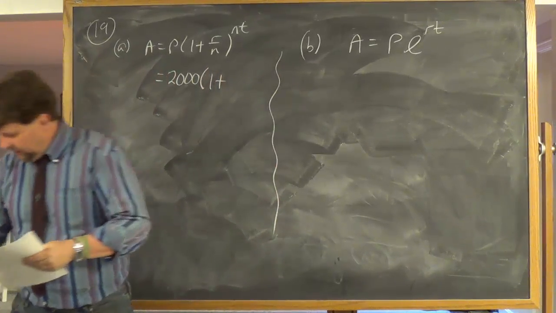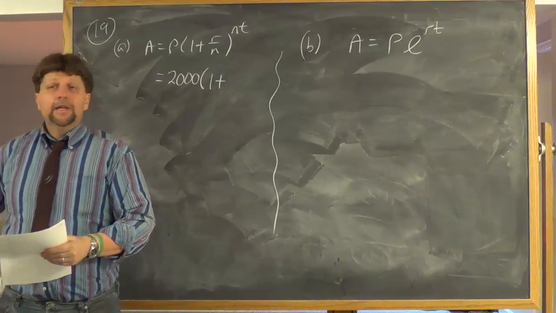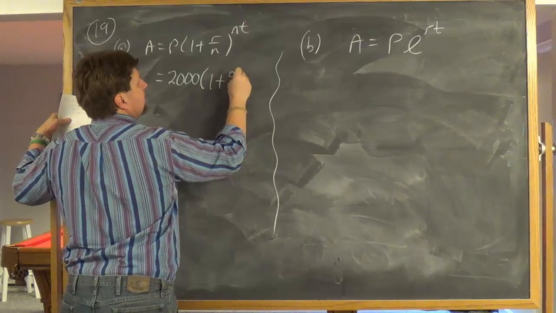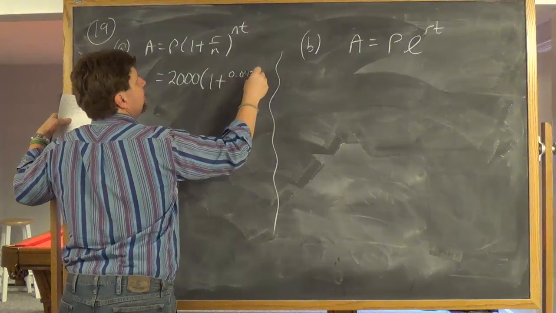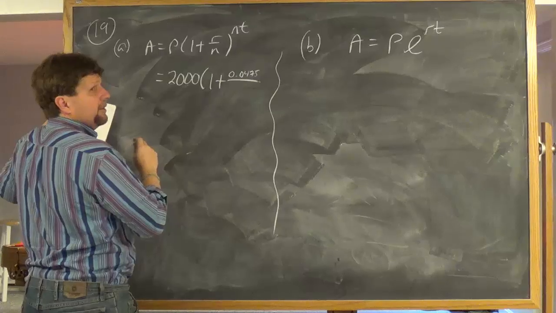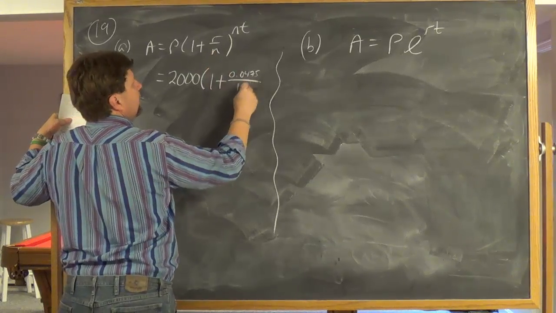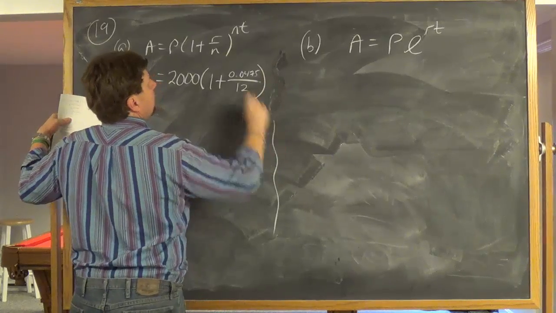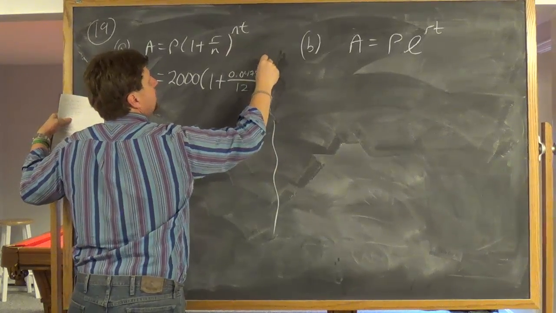It's 4.75%, so we rewrite that as a decimal, 0.0475. Compounded monthly, so n is 12. And that means this n is 12.